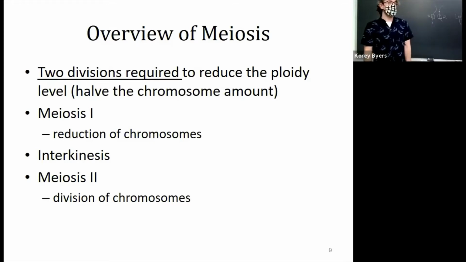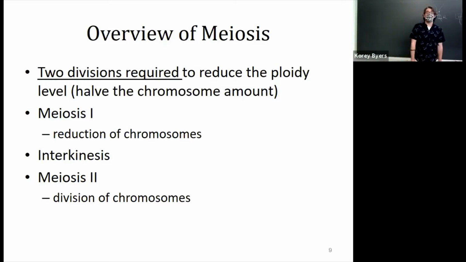Meiosis I, we cut the number of chromosomes in half. We rest for a little bit in a phase called interkinesis. And then depending on what type of cell you are, you may immediately go through Meiosis II, which is a division of chromosomes.